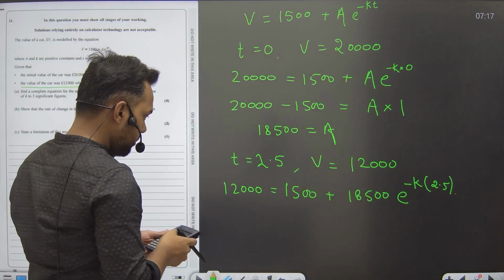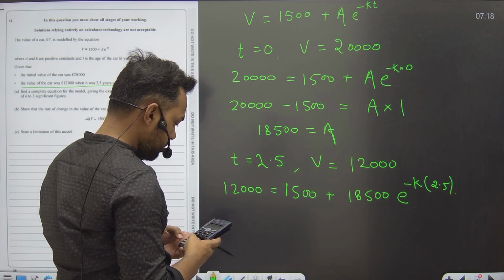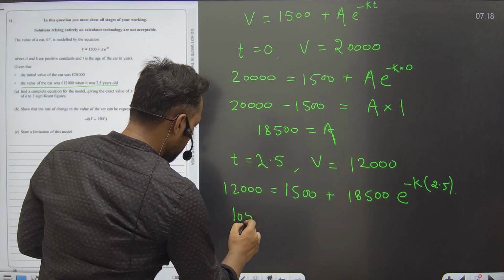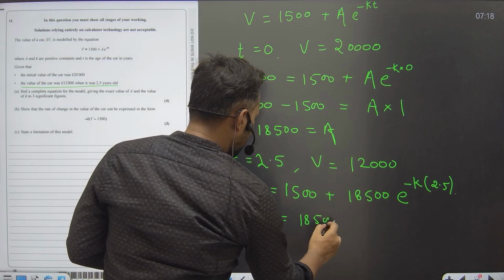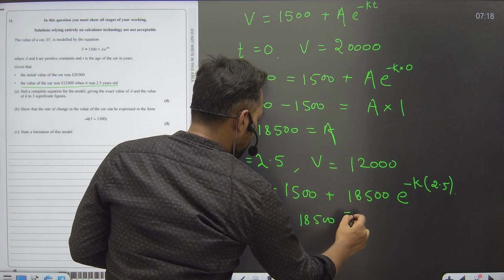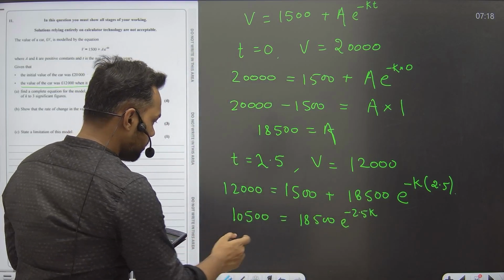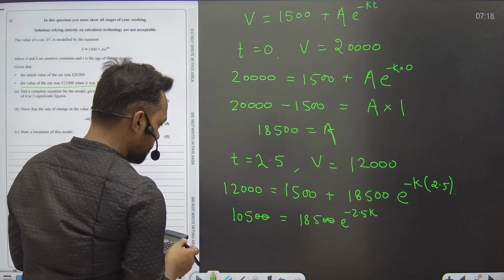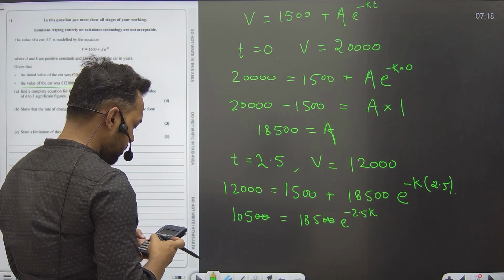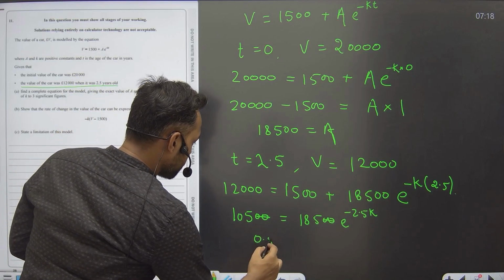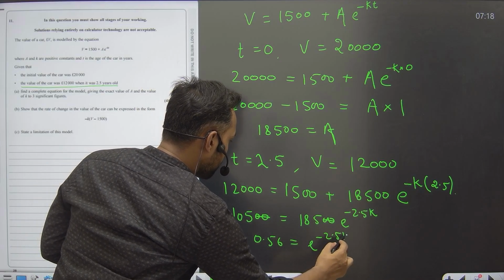So after solving this, what we will get, 12,000 minus 1500, that is equal to 10,500, equals 18,500 e to the power negative 2.5 k. So from here, these zeros will get cancelled. 105 upon 185 will give you 0.56 equals e raised to the power minus 2.5 k.